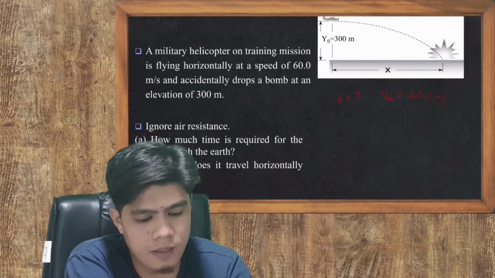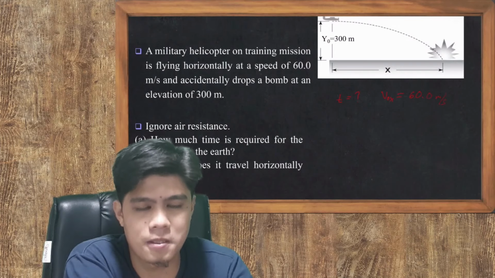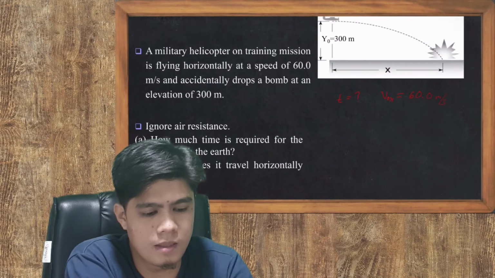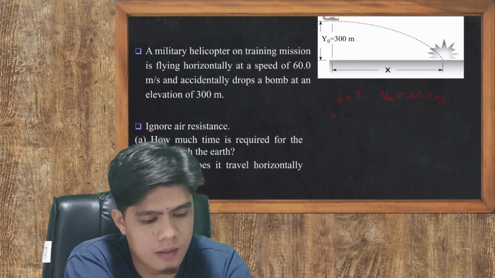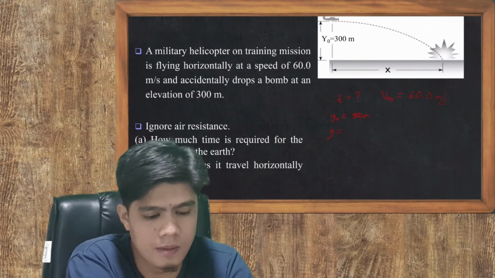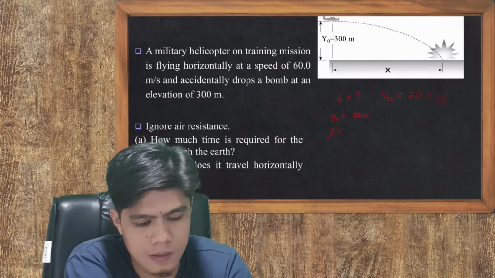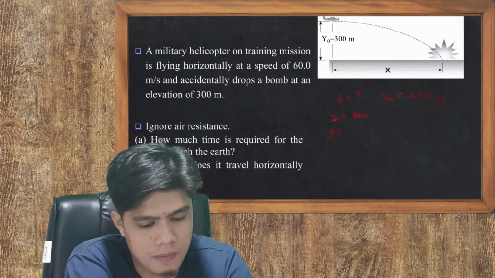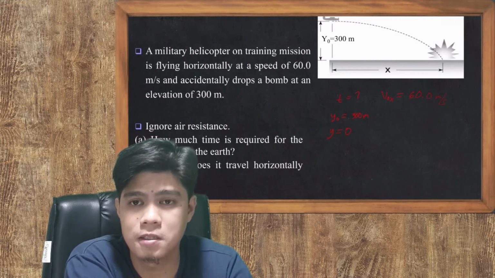And we also have an elevation of 300 meters. So our y naught is equal to 300 meters, and our final y should be equal to 0, since it should reach the ground.